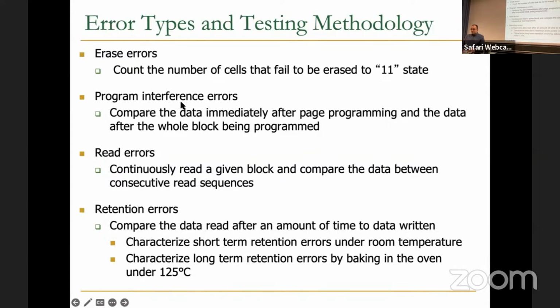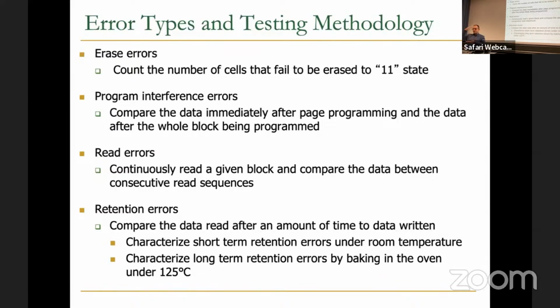For program interference errors, our methodology was to compare the data immediately after page programming and the data after the whole block has been programmed. So once you program a page, you capture that data, and also after the whole block is programmed, meaning that you had a lot of programming in that block, and all of these programs can cause program interference.